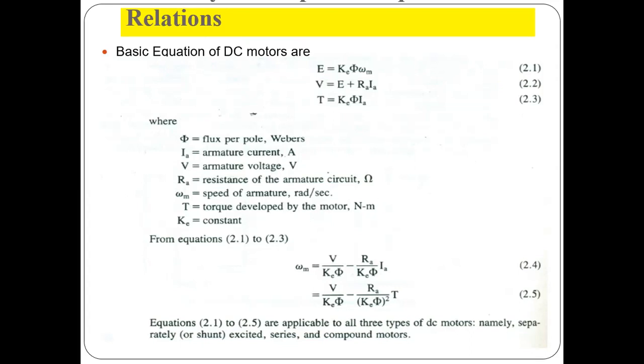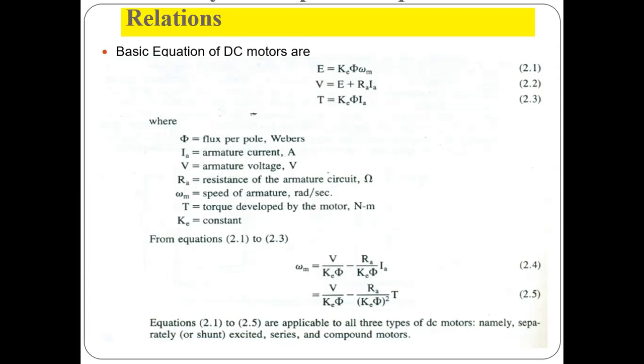From equations 2.1 to 2.3, we can find the speed formula for the DC motor. From the above three equations, we can write omega_m is equal to V upon K phi minus R_A upon K phi times I_A.